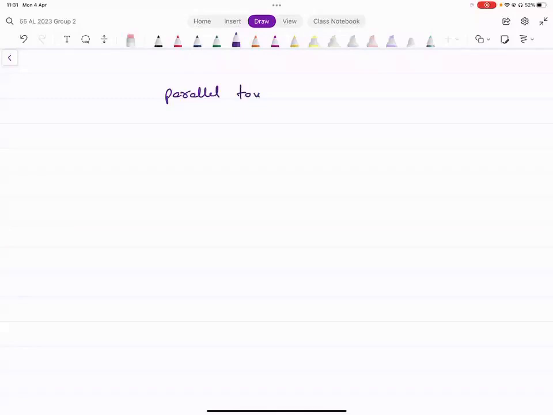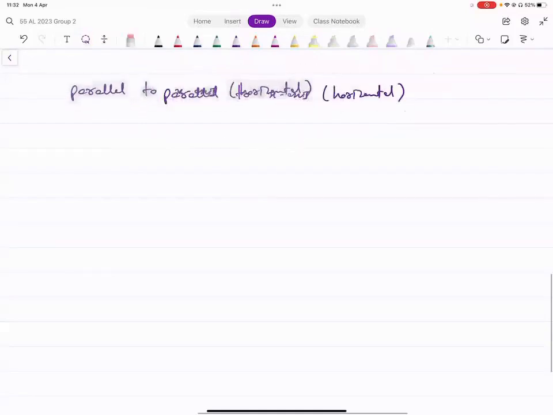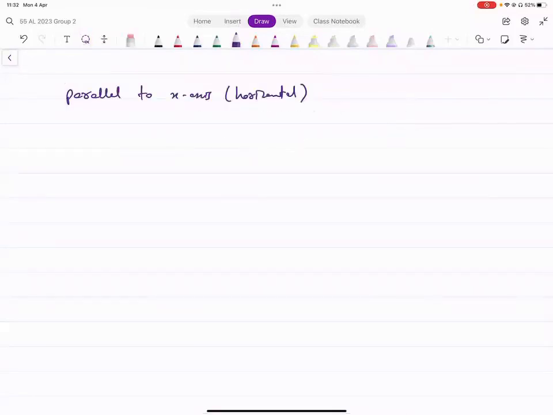Parallel to x axis, तो क्या मतलब है? हॉरिजॉन्टल लाइन. जब ये होगा आपके पास तो dy over dx को आपने 0 से इक्वेट कर देना है, यानी न्यूमरेटर 0 से इक्वेट हो जाएगा.